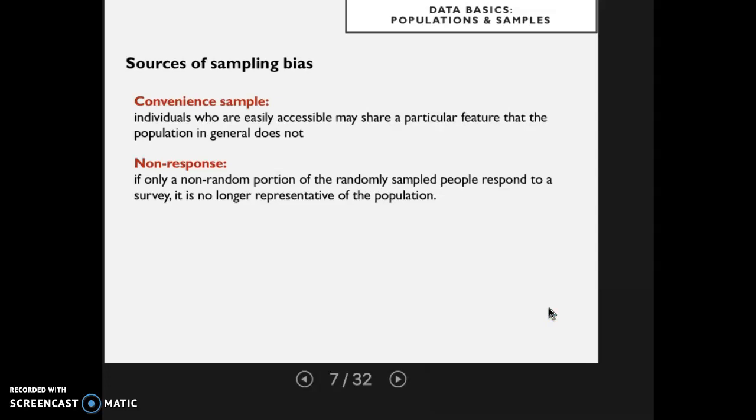Or imagine you want to find out something about graduate students at the University of Cincinnati, and you find a way to randomly sample from that population. And then you send surveys out. Even if you used a very sophisticated randomization procedure to select to whom you would submit the surveys, if the percentage of non-response is too high, you no longer have a sample that's representative of the population that you began with.